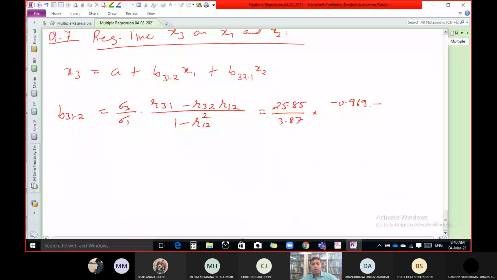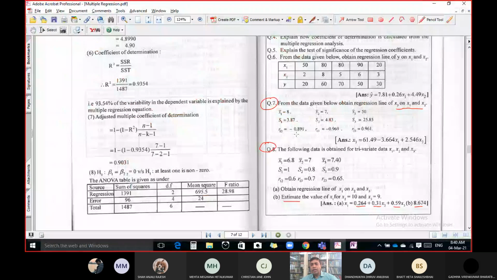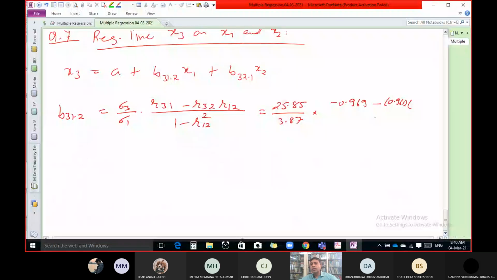Then R12 is minus 0.891, upon 1 minus 0.891 square. Simple calculation, so you will get the value of B31.2.